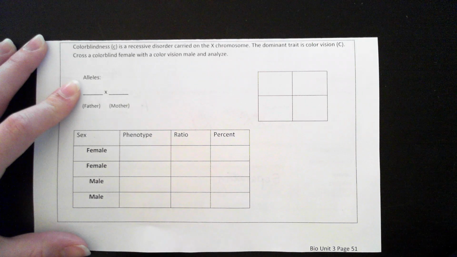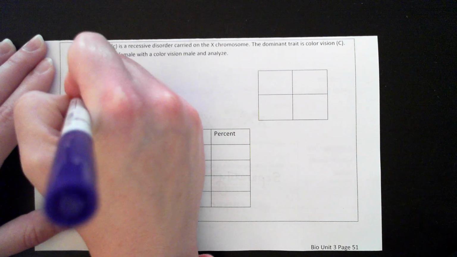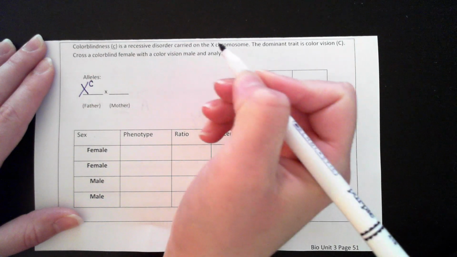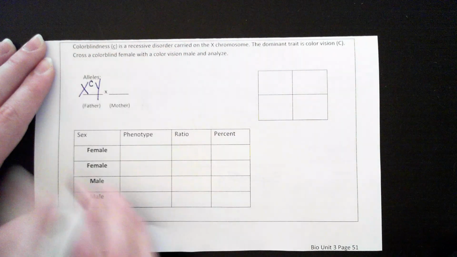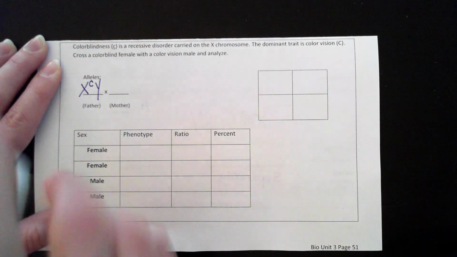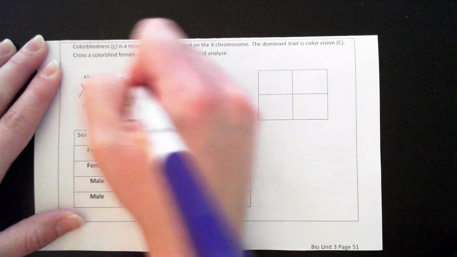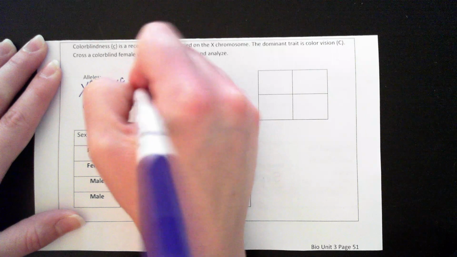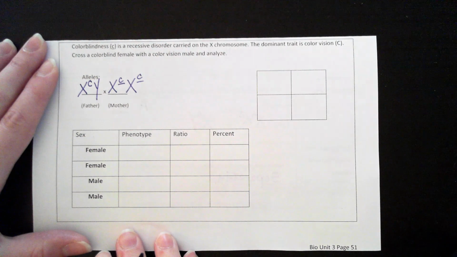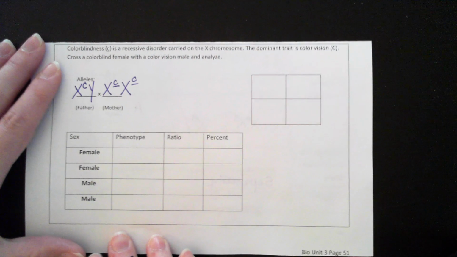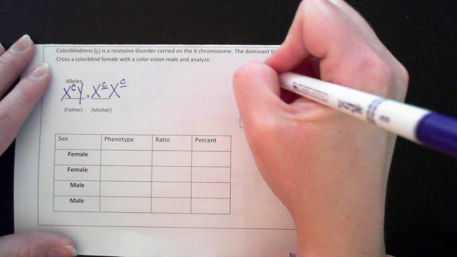So the father has color vision, so we're going to give him an X with a capital C, Y. And then the female is colorblind, so she's going to have X lowercase c, X lowercase c. And now we can put them on our Punnett square.